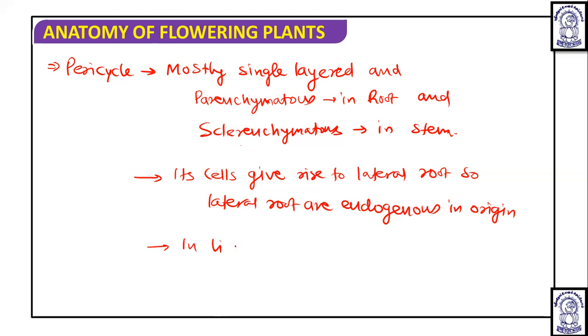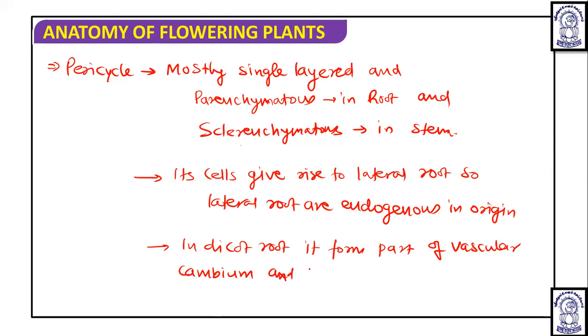In dicot root, it forms part of vascular cambium and the whole of cork cambium. Okay, so these are particularly found with respect to the pericycle.